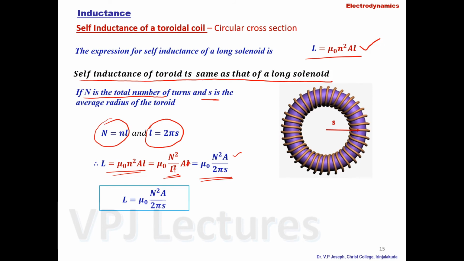So one l remains in the denominator. So it is equal to 2 pi s. So mu 0 N square A by 2 pi s. So the final expression is like this. The self-inductance of the toroidal coil of circular cross-section is given by L is equal to mu 0 N square A by 2 pi s. The same as that of the long solenoid.